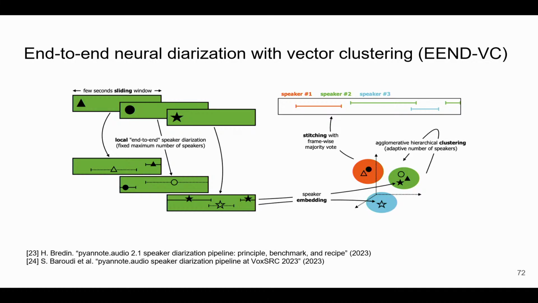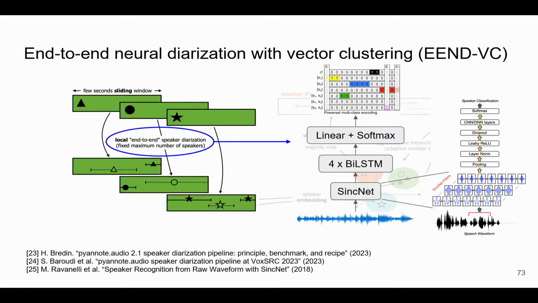This slide shows you the versatility of this approach. First of all, we have 2 parts now, the speaker embedding and the end-to-end. In the end-to-end, if I'm not mistaken, I don't know if it's already been updated in the Pyannote version, but for quite some time, or at least when these papers appeared, at least the first one, they would have as encoder a SincNet, which you can think of as a convolution-like way of extracting features directly from the waveform.